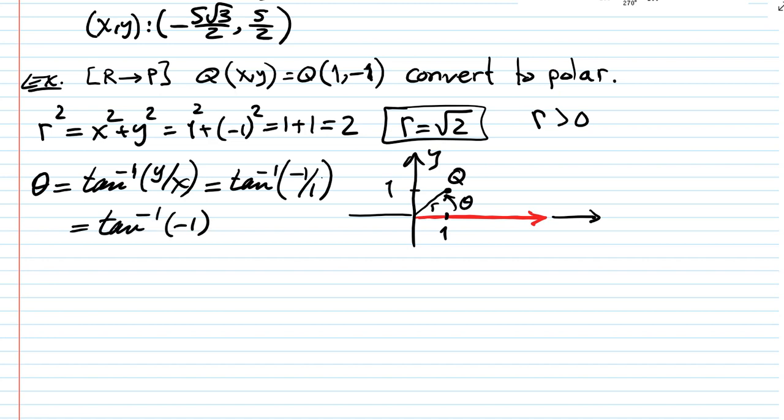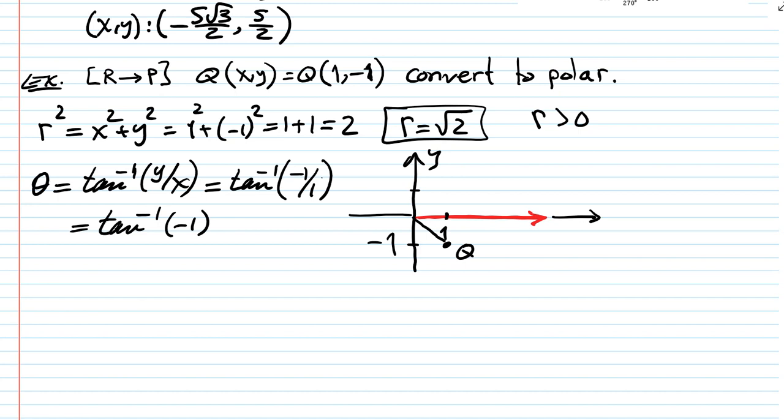Oh, hold on, so sorry, it's 1, -1. What was I thinking? See, I'm sure you caught that. Y is -1. This is actually where the point is in the fourth quadrant. This is Q.